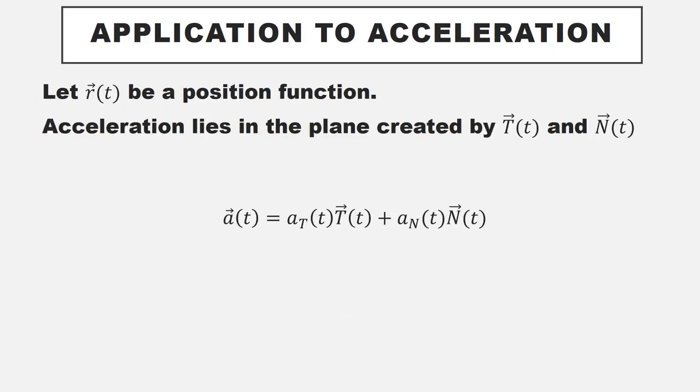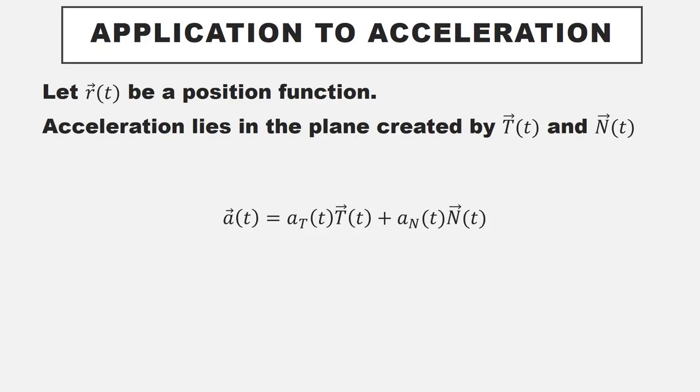Now, the last thing I want to do, or at least I want to talk about, is this. This is an equation that tells me that my acceleration can be broken down into orthogonal pieces.